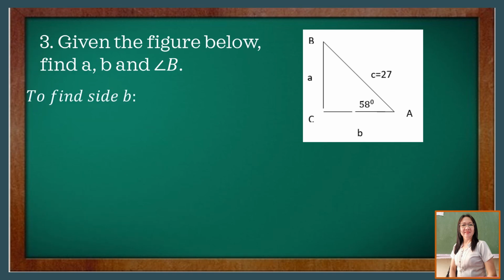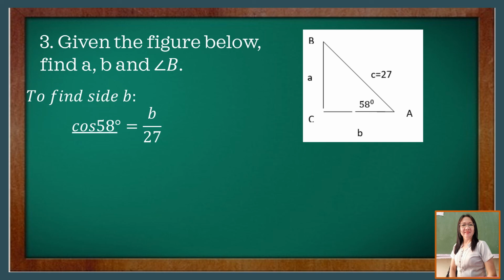Now, let us find our side B. Using the same solution, using the function, we have the cosine. Cosine 58 degrees is equal to the adjacent, which is B, over the hypotenuse, which is 27.